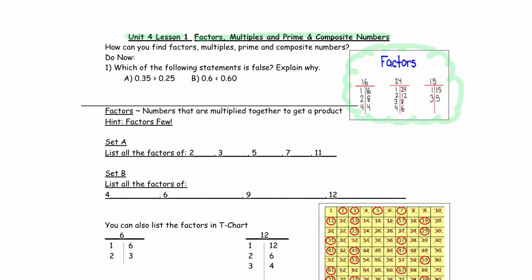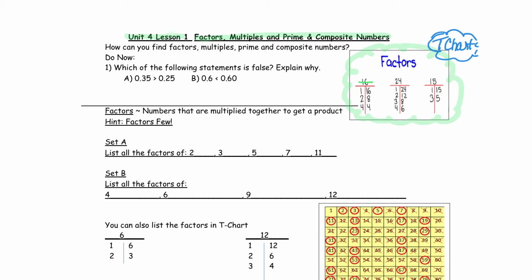Here, if you remember, what is this kind of a chart called? We call this a T-chart, if you recall. Basically what this T-chart will show us are all the different factors of each of the numbers. For example, the first number is 16, and we're figuring out what numbers multiply out to 16.